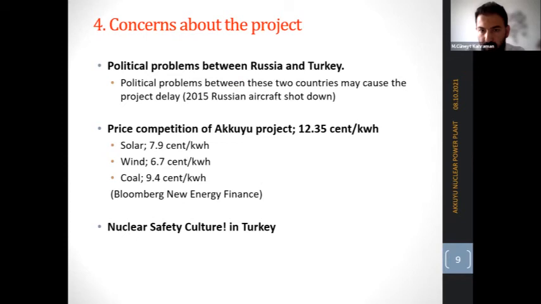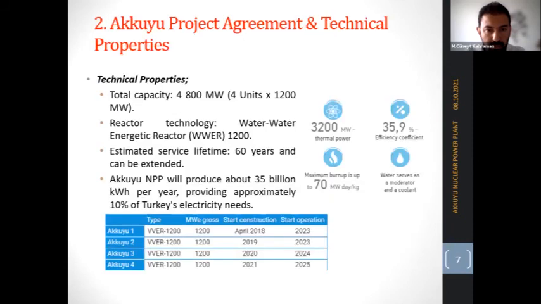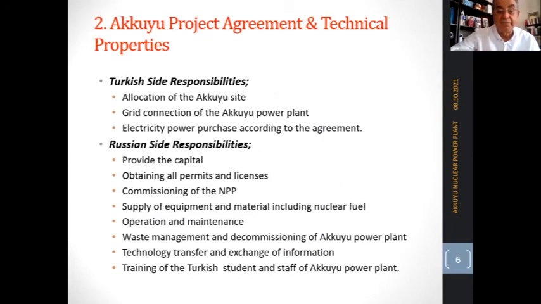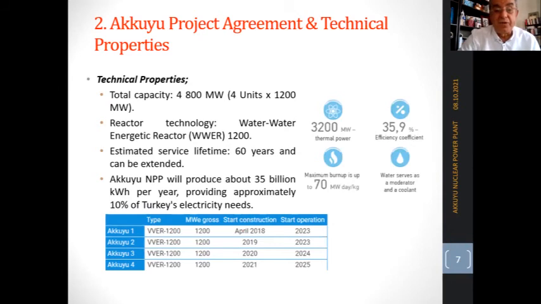The price for the electricity is 12.35 and one more. Oh, yeah, just go one back. No, not that one. Anyway, I did not get that one clearly. Who's going to pay that money? You mean for the waste management? It's not a water waste, it's a waste management fund. The Russian side. Who's going to fund that? The Russian side, Rosatom, is funding. Okay, yes. Not the Turkish side.